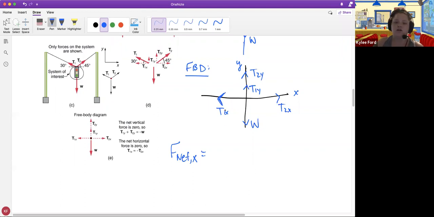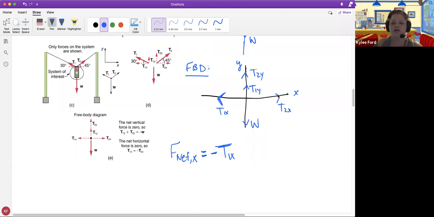So this one, this first one, T1 sub X, that is in the negative direction. So when I'm calculating my F net, I'm going to put a negative in front to indicate its direction. Okay, so that's going to be T1X. Okay, and then I will add my T2X.